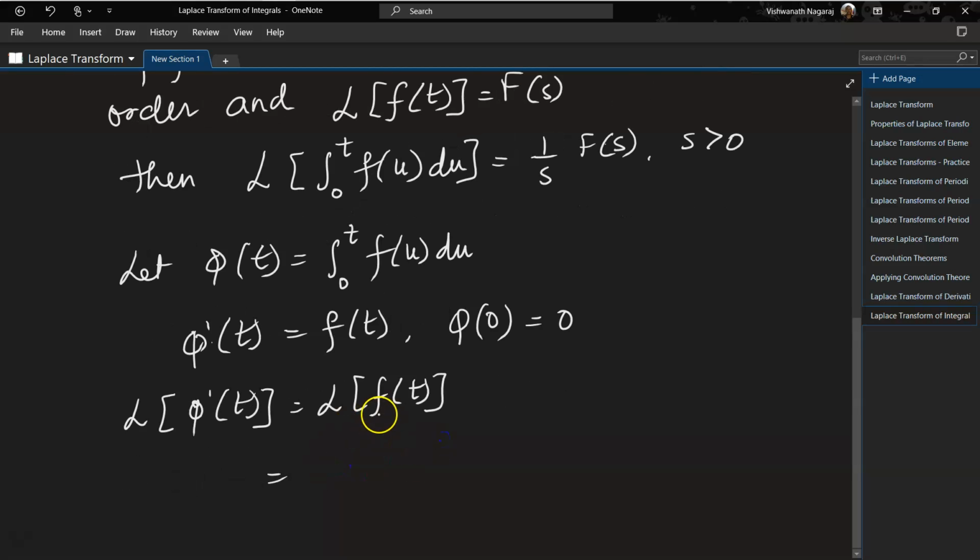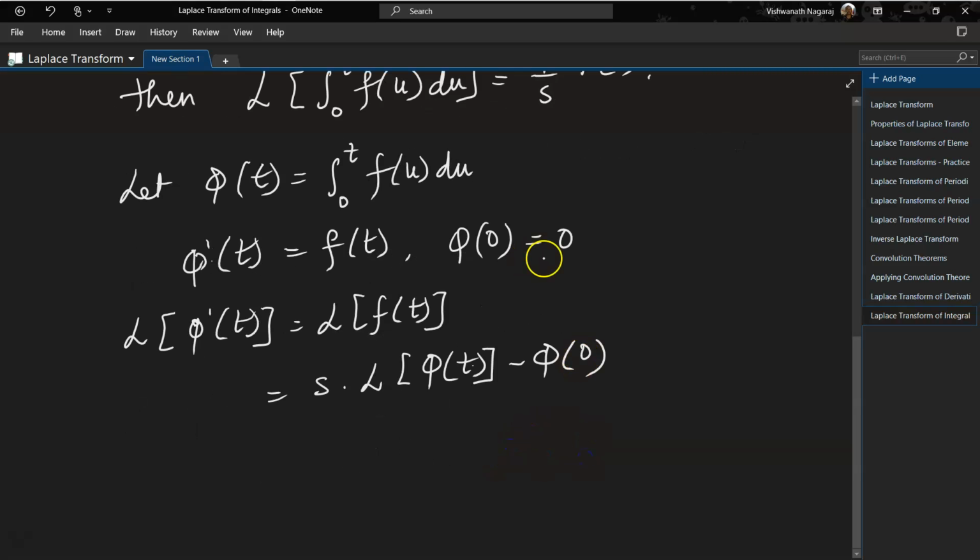This can be written as, using our previous theorem which we learnt in our previous session, s times the Laplace transform of phi of t minus phi of 0. This is 0, so this goes off and we are left with this. Now let's rearrange this.